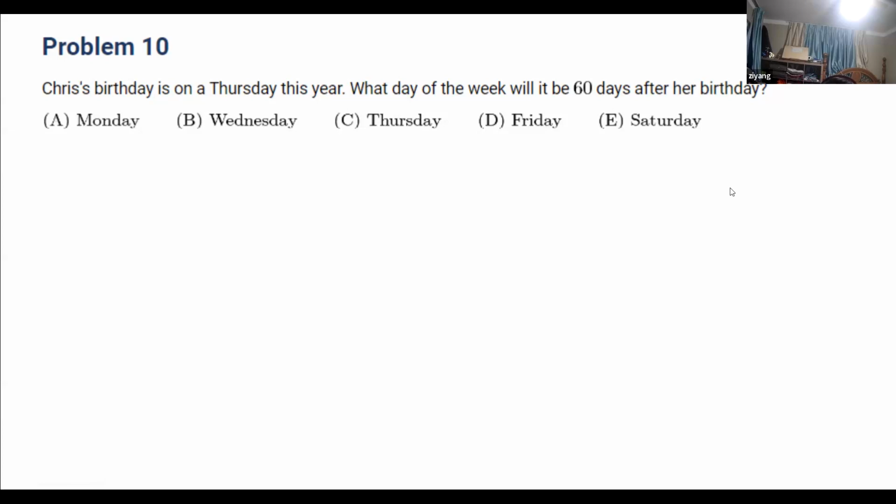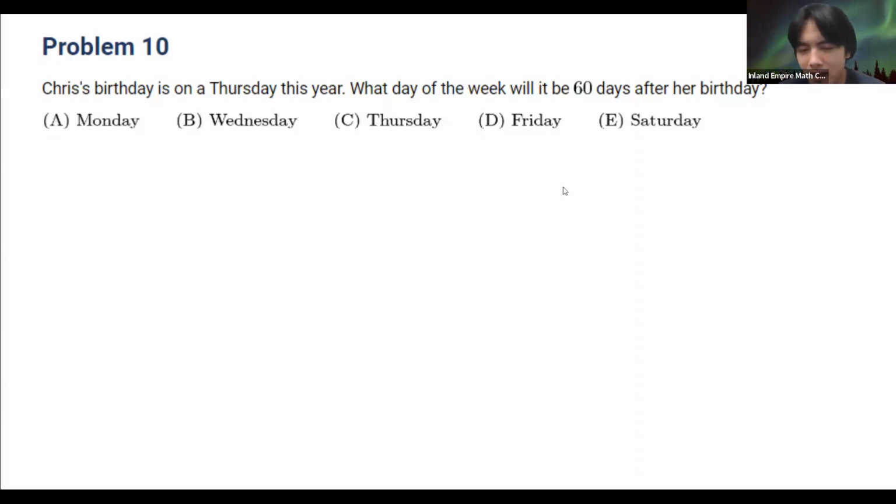Instead of 56, I got 49 because I just miscalculated. If it was 49, I thought I just misread 60 as 50, I think. So I got 49, so that would be 7 weeks, so it would still be Thursday. And so 50 minus 49 would be 1, so I got Friday. Okay, I see. You just misread something. Okay, that's okay.